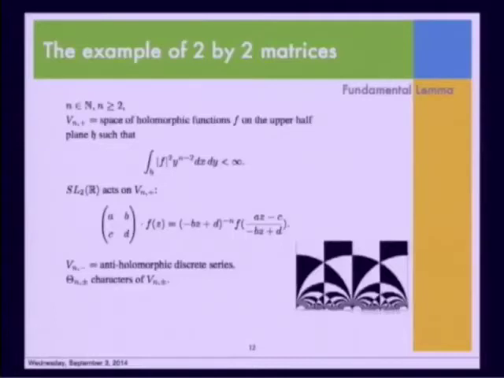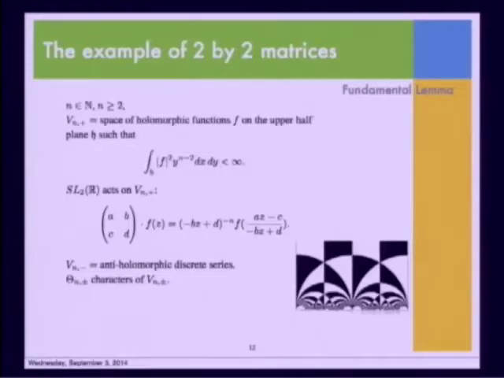I'm going to take the group of 2 by 2 matrices, the special linear group with coefficients in the real numbers. These 2 by 2 matrices act on holomorphic functions on the upper half plane by this rule that I've given here.